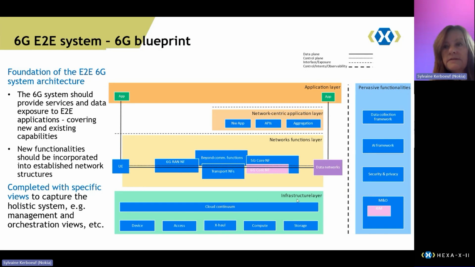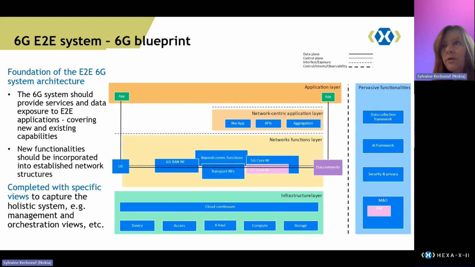And finally, we've got this infrastructure layer that encompasses not only the device and the end-to-end network infrastructure, but also this compute continuum from the cloud to the extreme edge integrated in the end device, as an essential feature of this 6G system. Completing those 4 layers, there are these pervasive functionalities. They are pervasive because they span all the layers and also exist inside each layer.